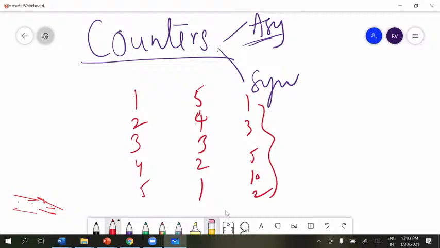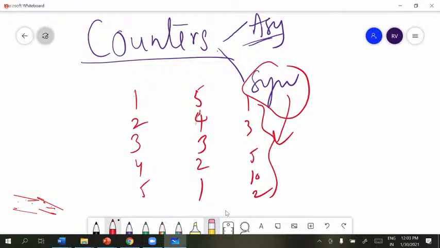So any type of sequence can be designed by using a synchronous counter. That's why we prefer the synchronous counter. Any random sequence you choose, the counter can count it based on that sequence.